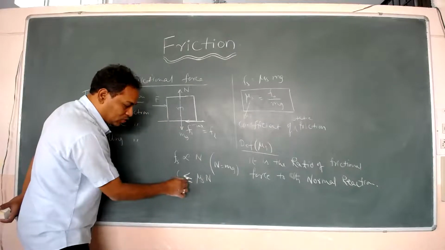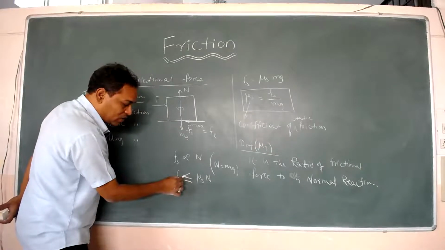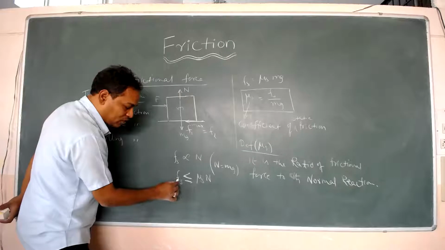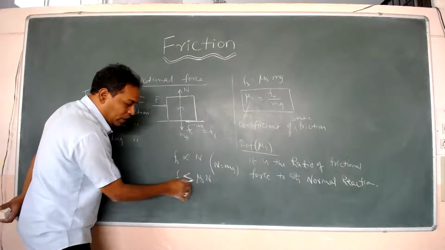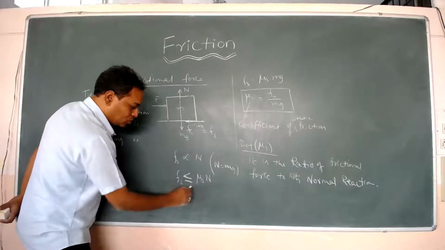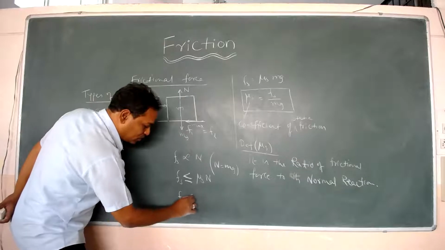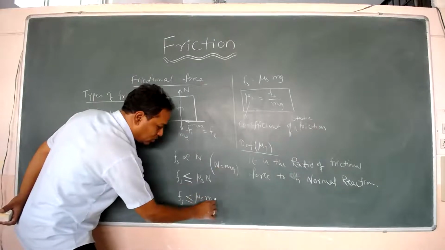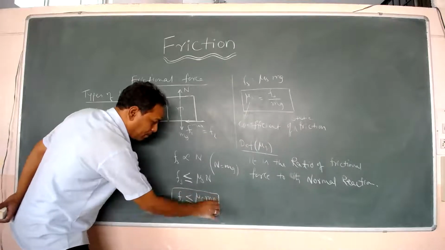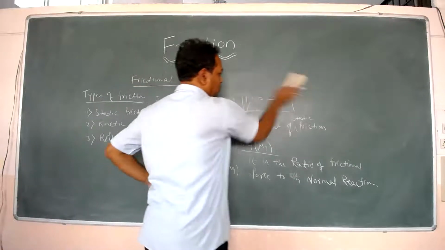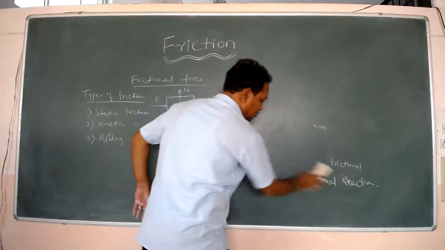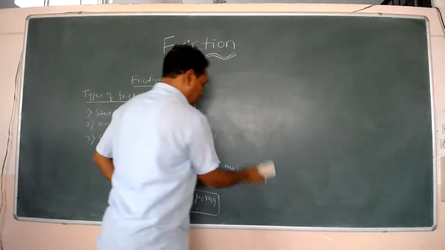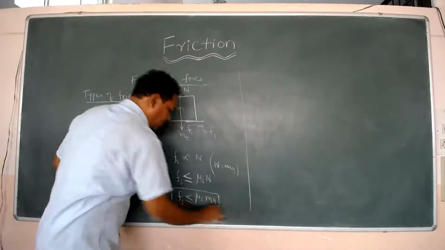Why I have written it like this: it means the friction will be less than or equal to mu s into N. So Fs is less than or equal to mu s into N, which is mg.